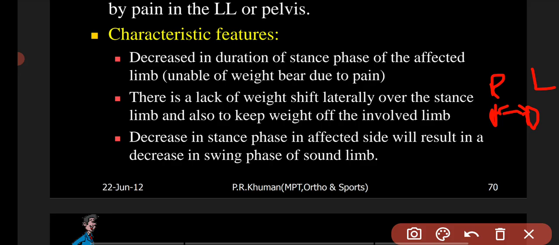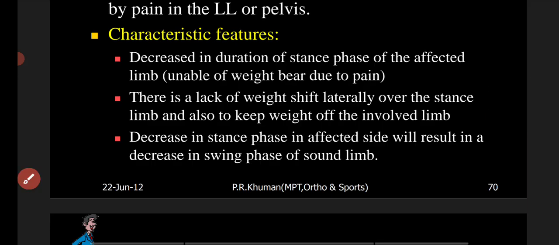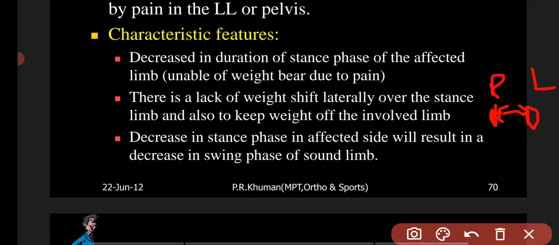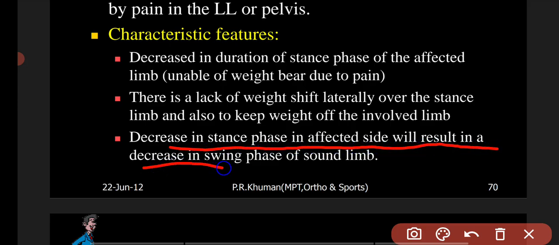So there will be a lack of weight shifting laterally over the stance limb. The stance limb means the limb that is supported, single limb supported. So there will be a decrease in the weight shift pattern. There will be a decrease in stance phase on the affected side, which will result in a decrease in swing phase of the sound limb.